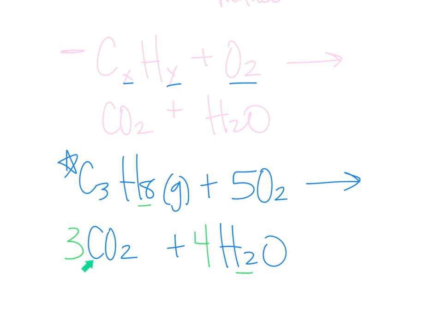So we have 3 carbons, 3 carbons. We have 8 hydrogens, 8 hydrogens. We have 10 oxygens. And here we have 6 oxygens right here, plus these 4 right here, which is 10, which is what we had right here. Okay, so this is our balanced equation for this combustion reaction.